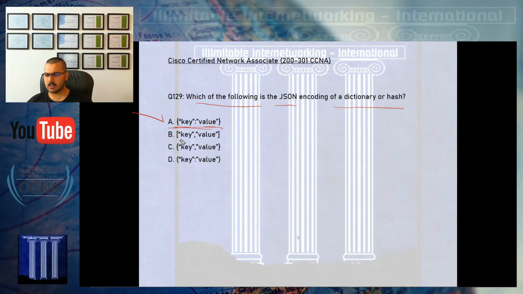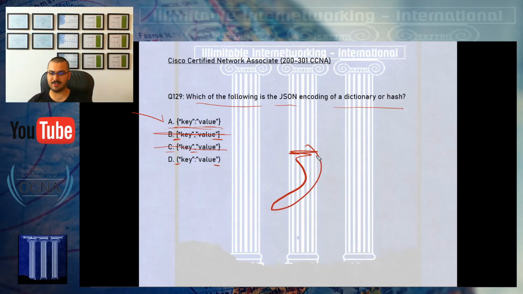B starts with an incorrect type of brackets, so it's not acceptable. C has this symbol instead of a colon, and the dot also is not accepted, so C is incorrect. And D has the standard crescent. I believe in the Arabic language we call it crescent brackets, like a crescent this way.